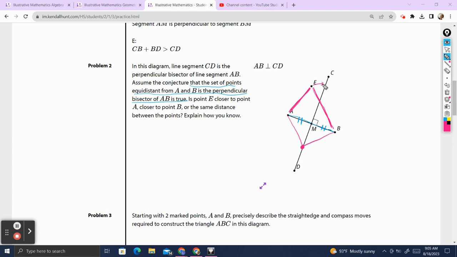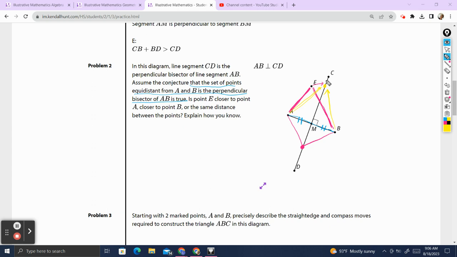So this is making me think that our conjecture is true, that if we want to have a point that is the same distance from A and B, then it would have to lie on the perpendicular bisector. Because here it looks like they would have the same slopes because it would be over and up the same distance.